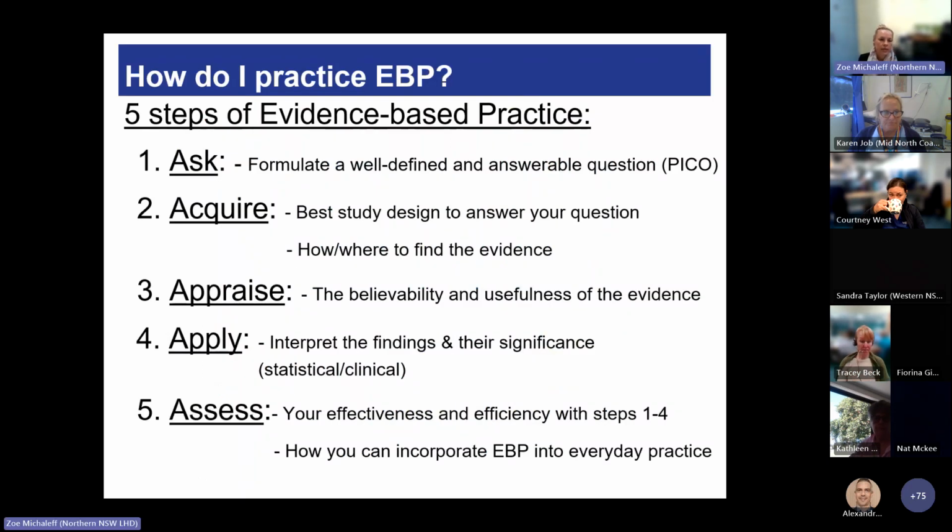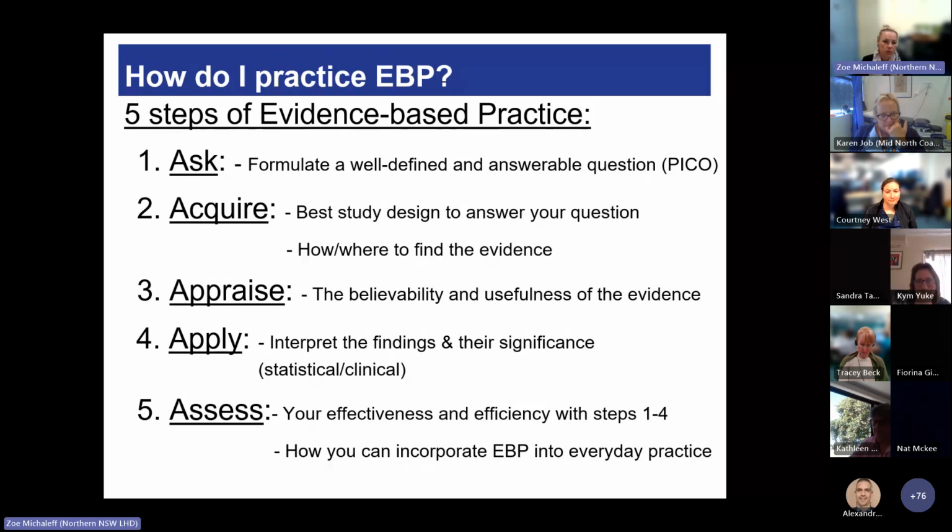So overall, to practice evidence-based practice, you need to have specific knowledge and skills. Specifically, to formulate, have the skills to formulate a well-defined and answerable question using the PICCO framework, which we'll take a closer look at today. You need to have a knowledge of the best study designs to answer your clinical question, also a knowledge of how and where to find the evidence.